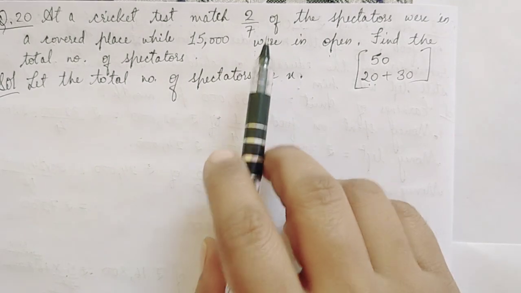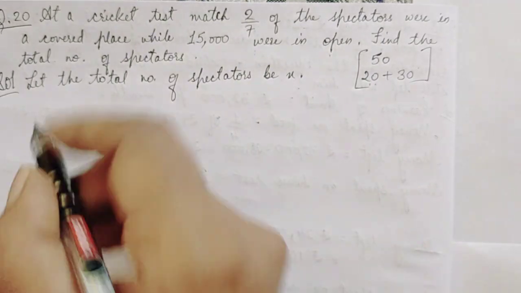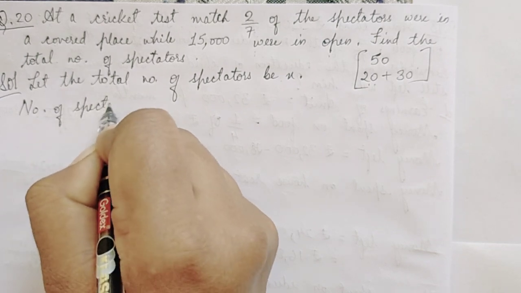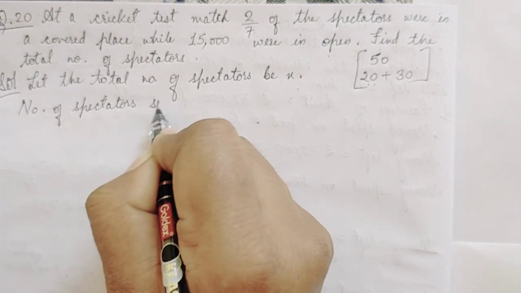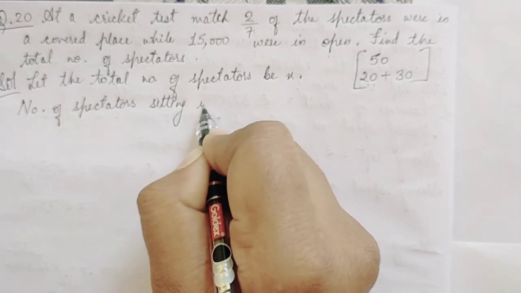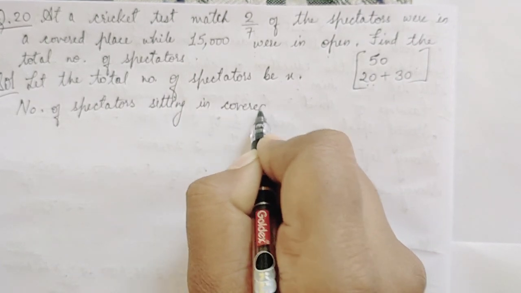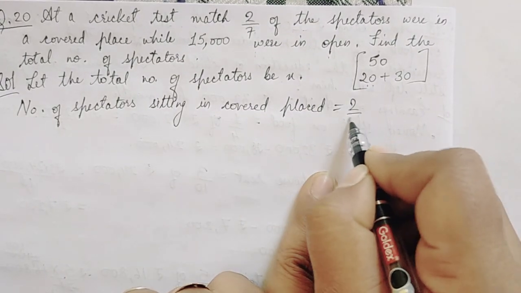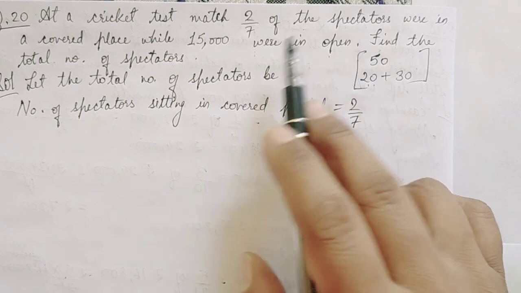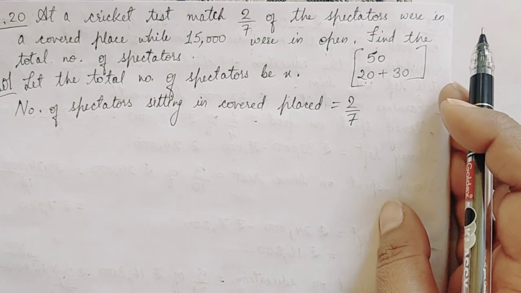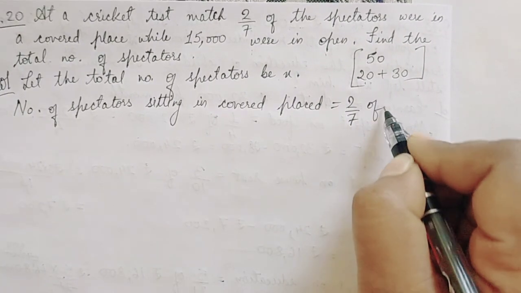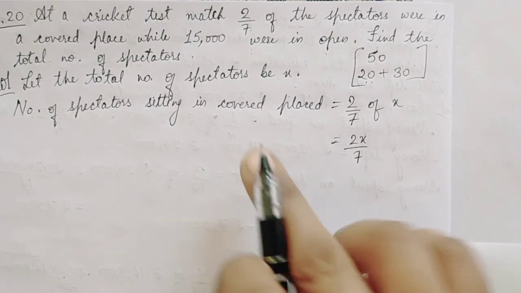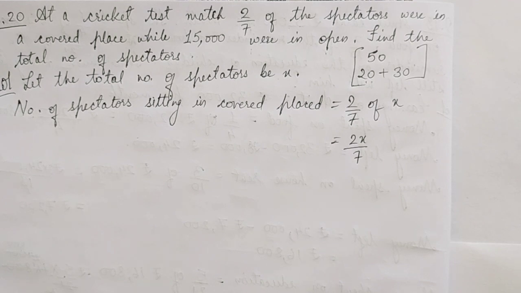Then the number of spectators sitting in covered place is equal to 2/7 of x, that is 2x upon 7. So these many spectators are sitting in the covered place.